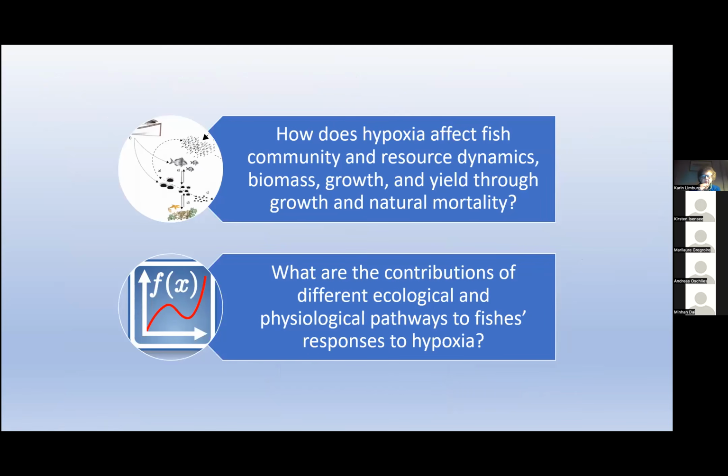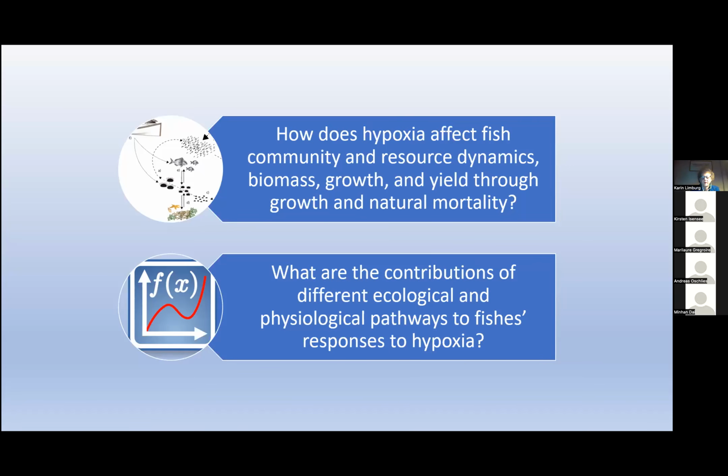And the questions that they're posing are how hypoxia affects the fish community and resource dynamics, biomass growth and yield through the processes of fish growth and mortality, and are interested in asking about the contributions of different ecological and physiological pathways to the responses to hypoxia.